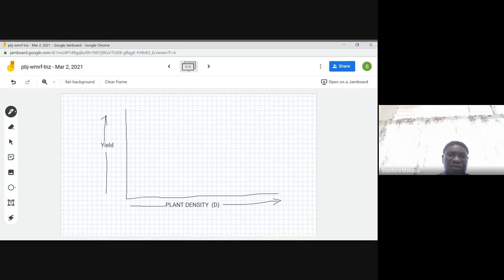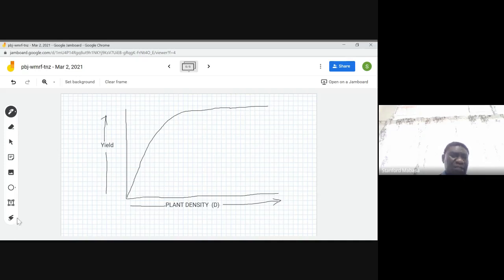Now, you may be familiar with this issue that if you increase the plant population of a crop, you increase yield up to a point where the plant population is optimum. So we get something like this. Even if we increase the plant population, the yield stabilizes.